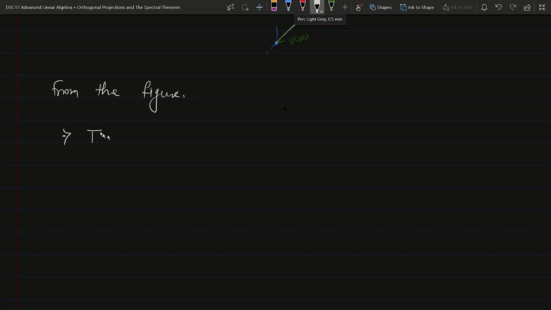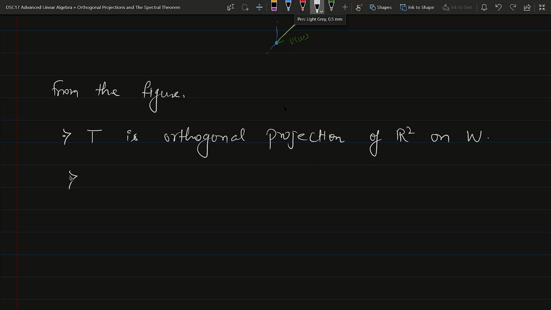Okay, T is the orthogonal projection of R square on w, and U is a projection, and we are sure that this is not orthogonal.